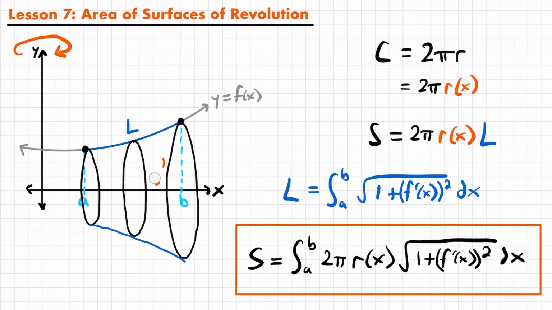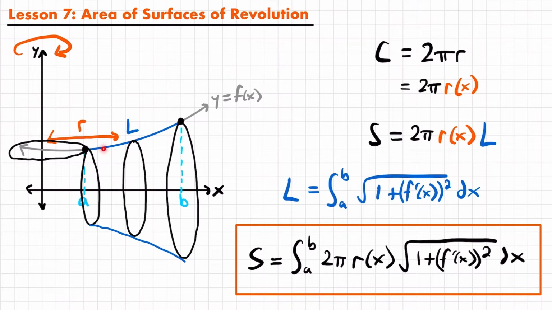And so if I make a note of that, this distance right here is the radius, we could still represent that radius in terms of x. We don't actually need to work in terms of y to calculate the area of this surface of revolution. Because what would the radius in terms of x be? Well, the radius of our circles, if I were to draw one circle as a demonstration here, the radius of that circle is the distance from the axis of revolution to the curve, which just happens to be a value of x.